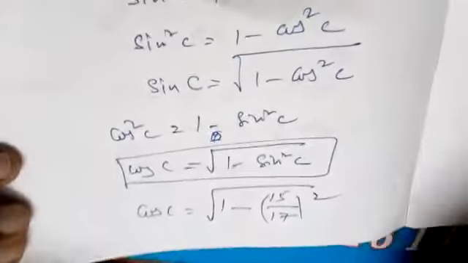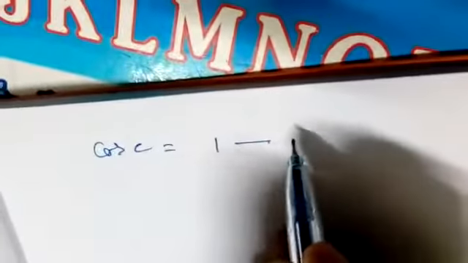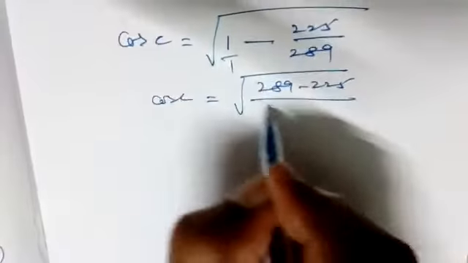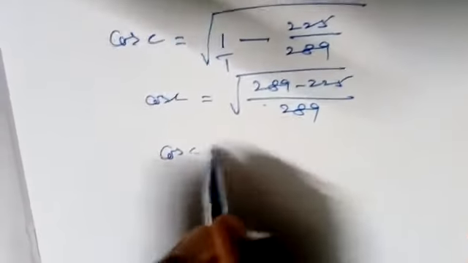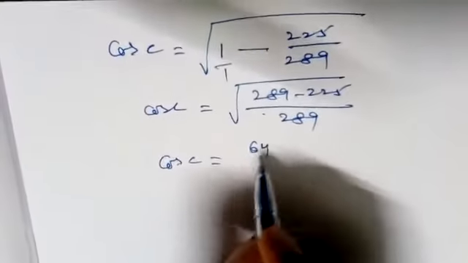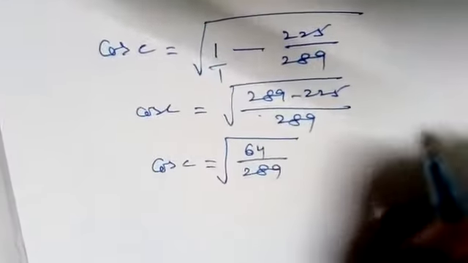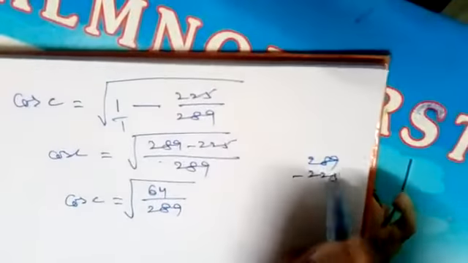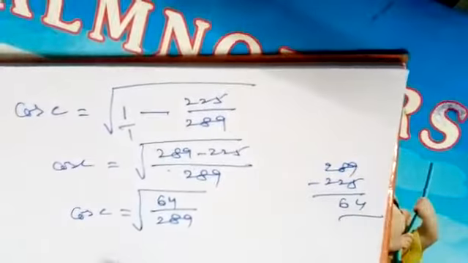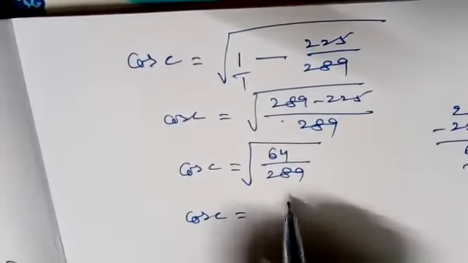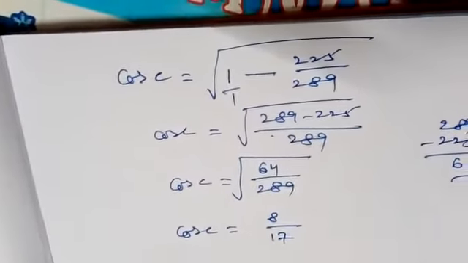So 1 minus 15 square means 225, 17 square means 289, under square root. Cos C is equal to square root of (289 minus 225) by 289. We'll get 64 by 289. So 289 minus 225 we'll get 64. So cos C is equal to 8 by 17.